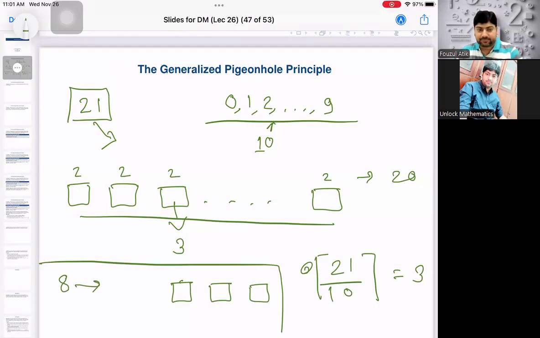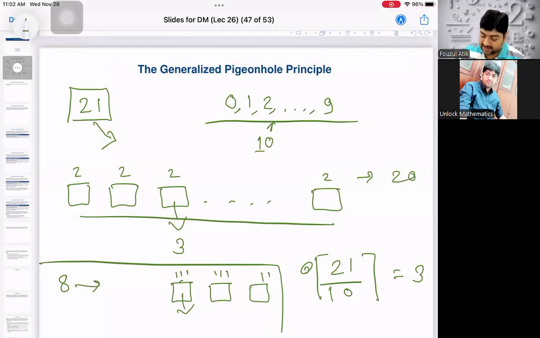That is also possible. But suppose they want to distribute them evenly so that no hole gets more occupancy. The first pigeon comes here, the second here, the third here. Then the fourth, fifth, and sixth. Then the seventh and the eighth. So what you have seen is that at least one box will contain 3 pigeons.